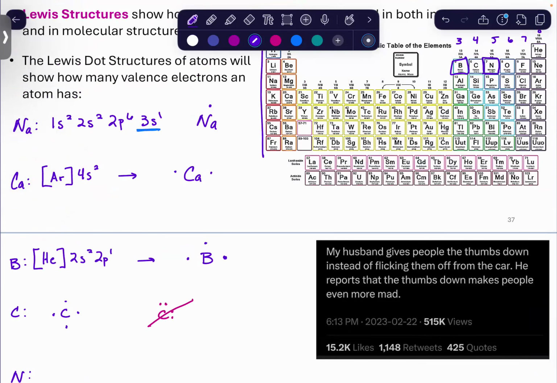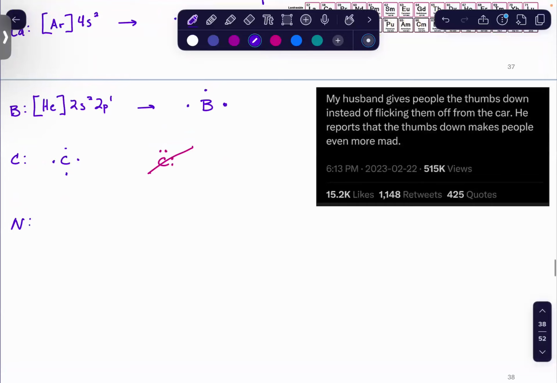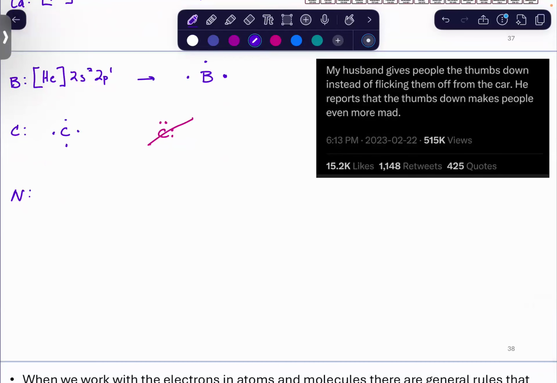nitrogen's right there. That means oxygen will be six, fluorine will be seven, and then neon will be eight. So nitrogen, let's do one, two, three, four, and then five. Okay. What about fluorine?